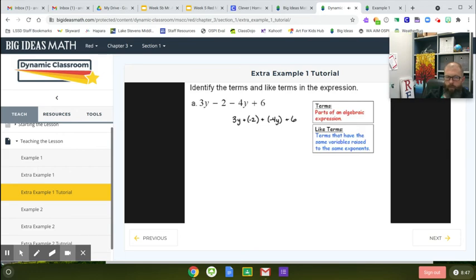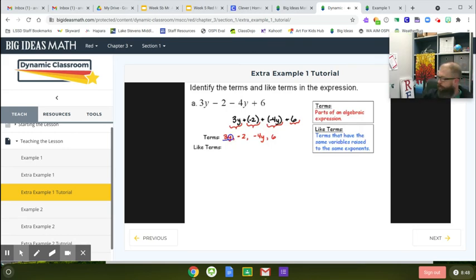Since terms are separated by addition, the terms are 3y, -2, -4y, and 6. Now that we have identified the terms in the expression, we can find the like terms. The first term is 3y. 3 is the coefficient, and y is the variable.